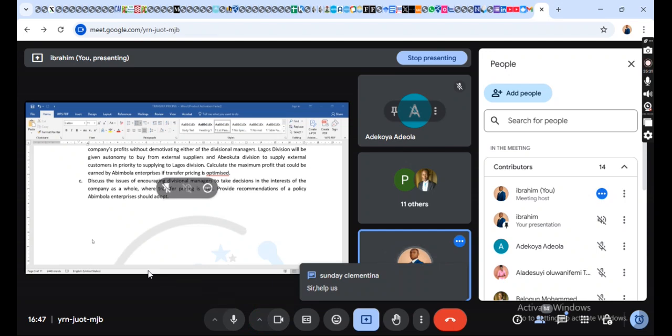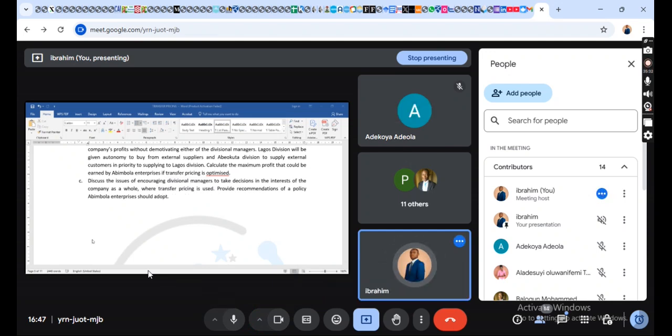Discuss the issues of encouraging divisional managers to take decisions in the interest of the company as a whole. Now, it is very simple like this.